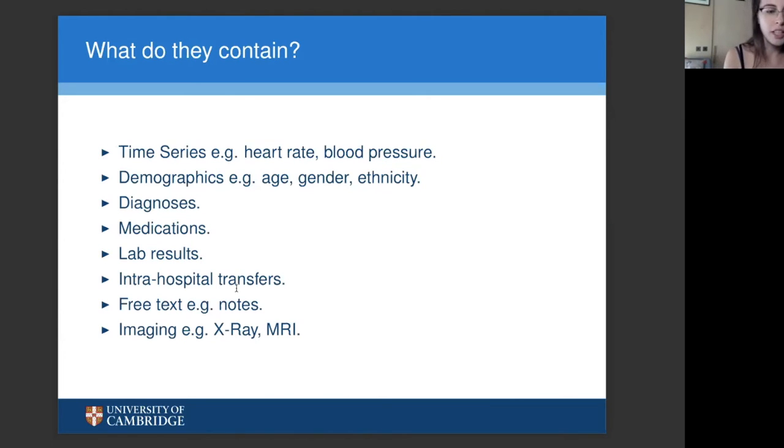There's also information about where the patient is traveling within the hospital. And then there are some free text notes. This is a very interesting area of research because the text in electronic health records is notoriously difficult to process because it contains a lot of typos, mistakes, acronyms.